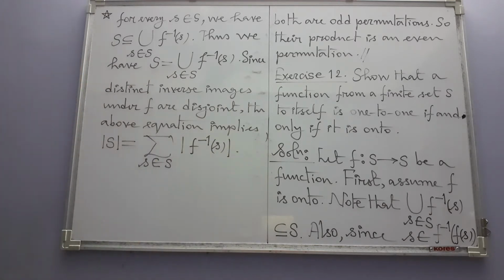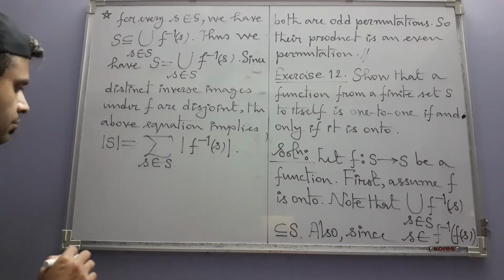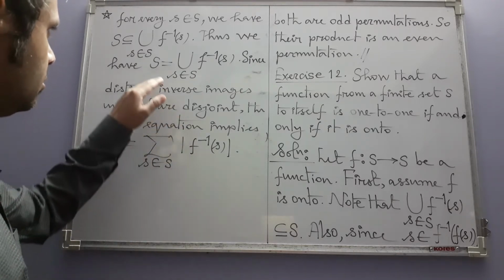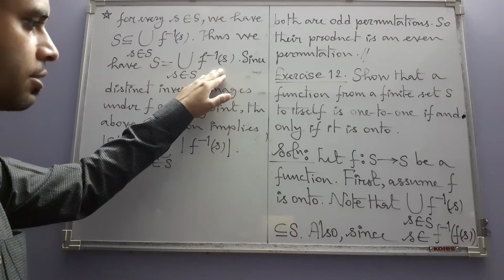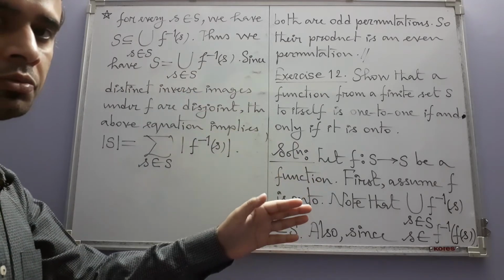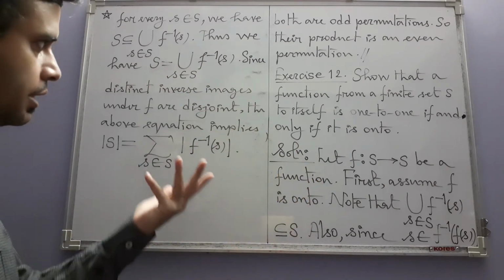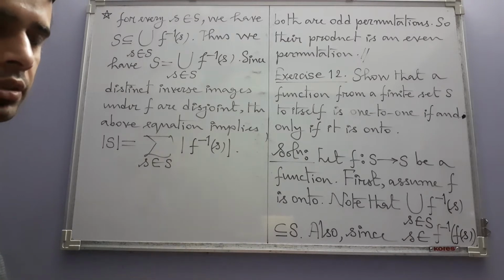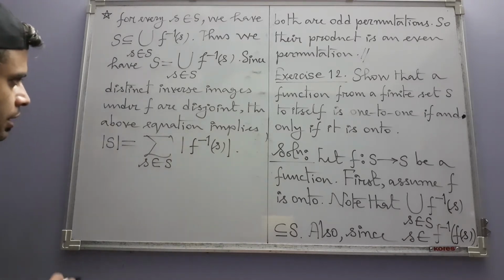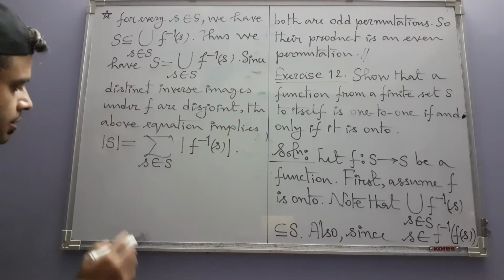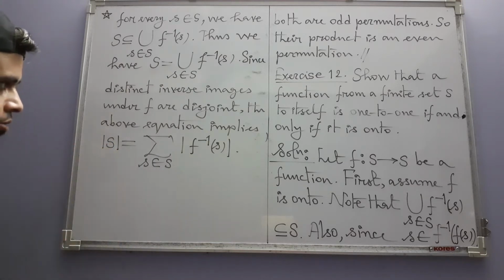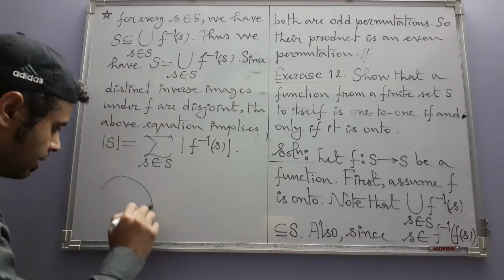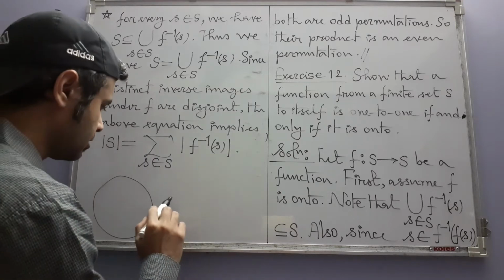Okay, now what is this? You see, this equality does not have anything to do with finiteness of S. It is in general true for any function. However, now S is also finite, so we can talk about its number of elements. So what we have here is a situation like this.